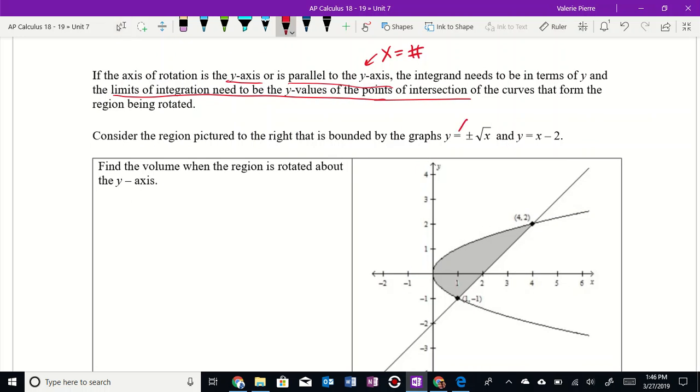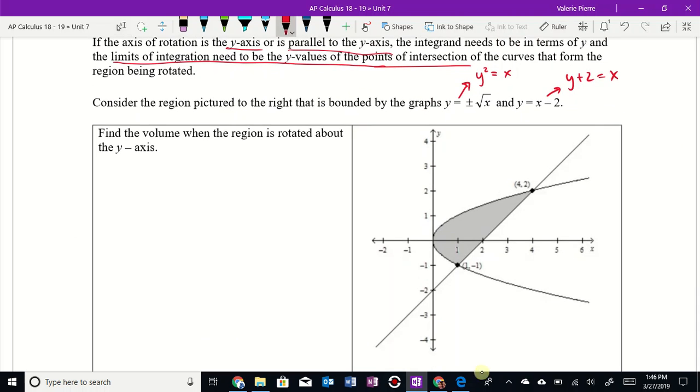We need to rewrite both of these equations so that they are in terms of x equals, not y equals. So we're actually going to solve these equations for x. So if I square both sides, I get y squared equals x. And if I add 2 to both sides here, I get y plus 2 equals x.